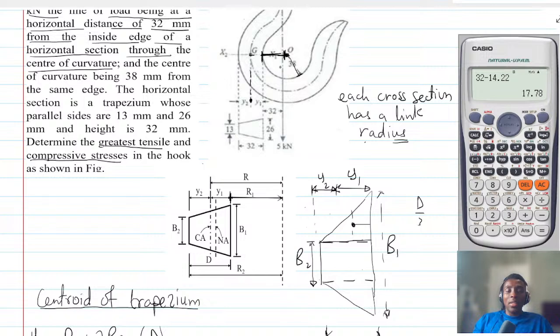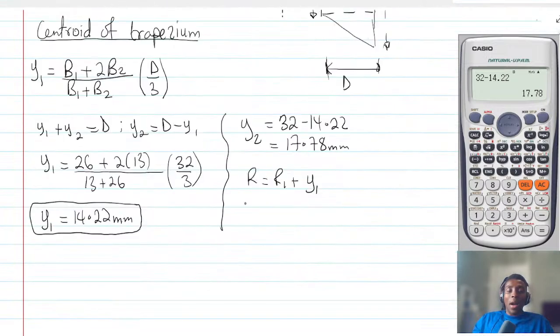But then the r is actually what goes inside. So r means r1 plus y1. So okay, r1 is 38 millimeters. That is to say the inner radius. Therefore, our r, which is the radius of curvature, will be 38 plus 14.22.